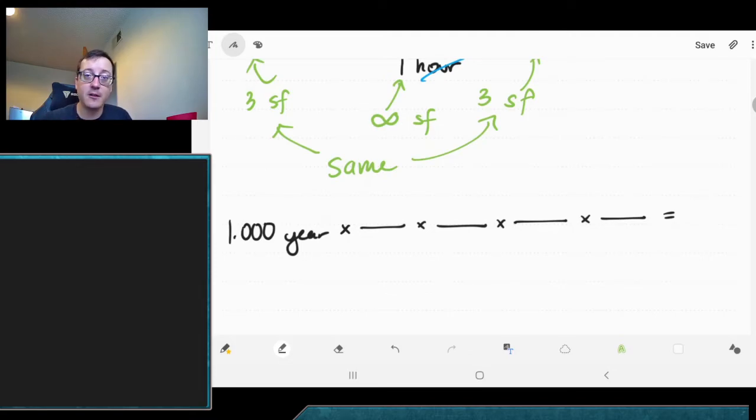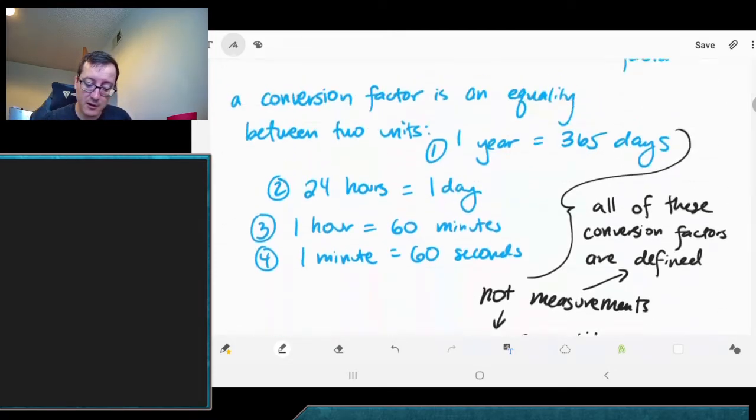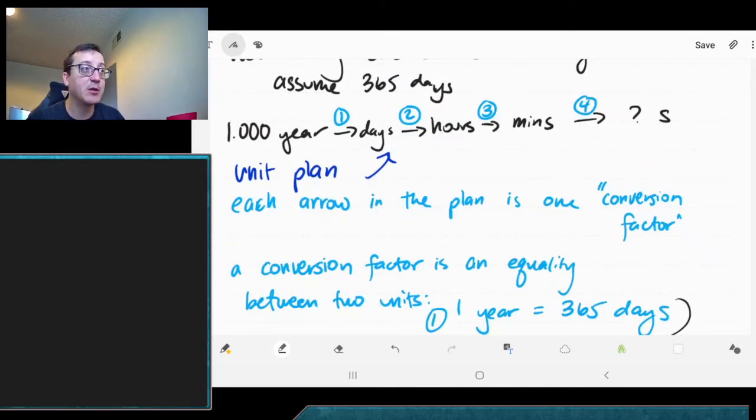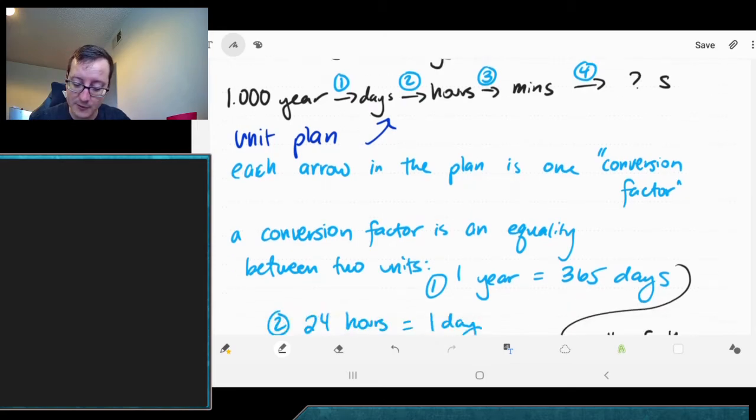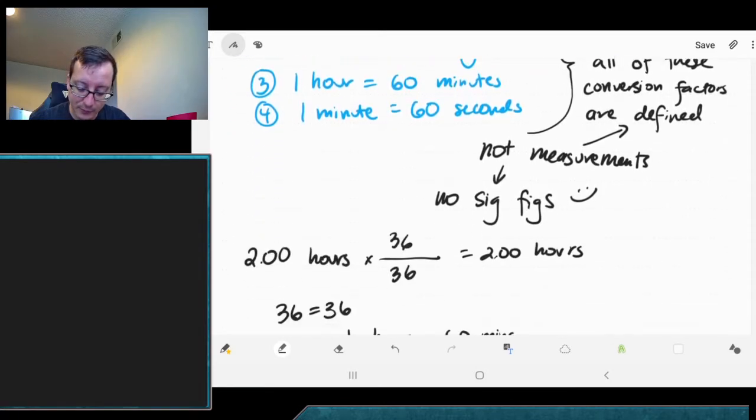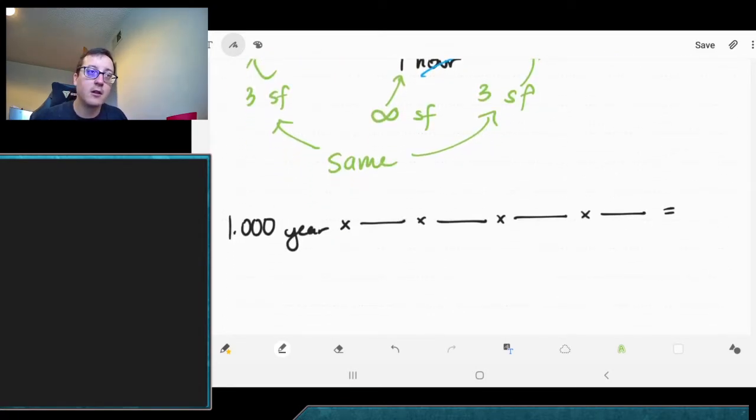And thankfully, we've already identified our conversion factors. The first one we're going to need is between years and days. We already know that one. So that's our first conversion factor, years and days. So if we want to use that here, I'm going to just duplicate it.